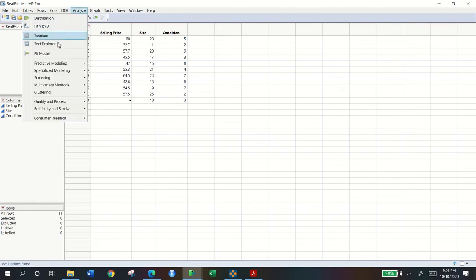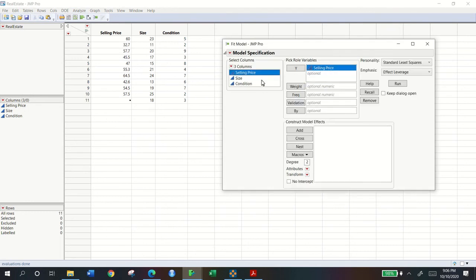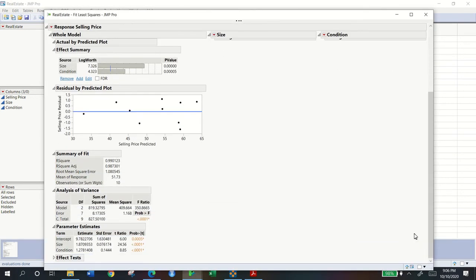By going Analyze, Fit Model, once again, selling price goes to our response, size and condition are our predictors. Now we can select Run. If I scroll down for a moment, you can see we have our parameter estimates, our ANOVA table, and our summary of fit.